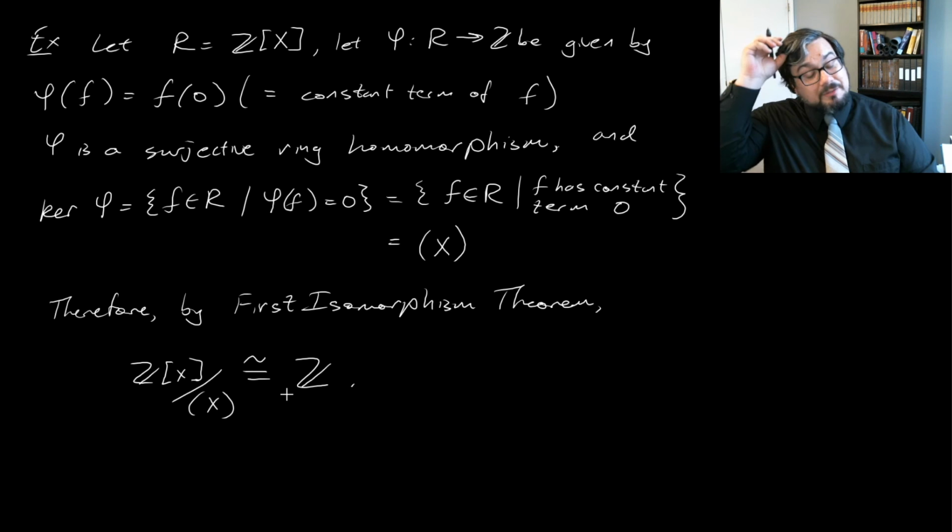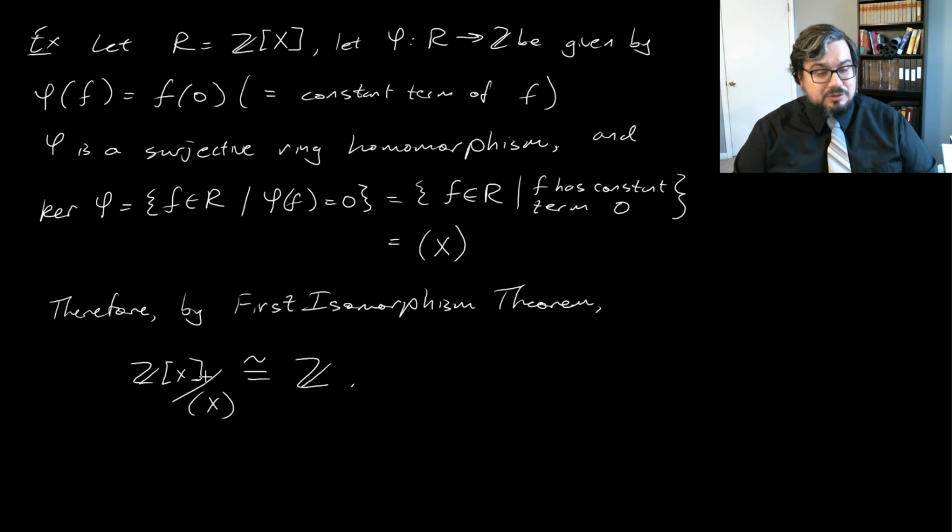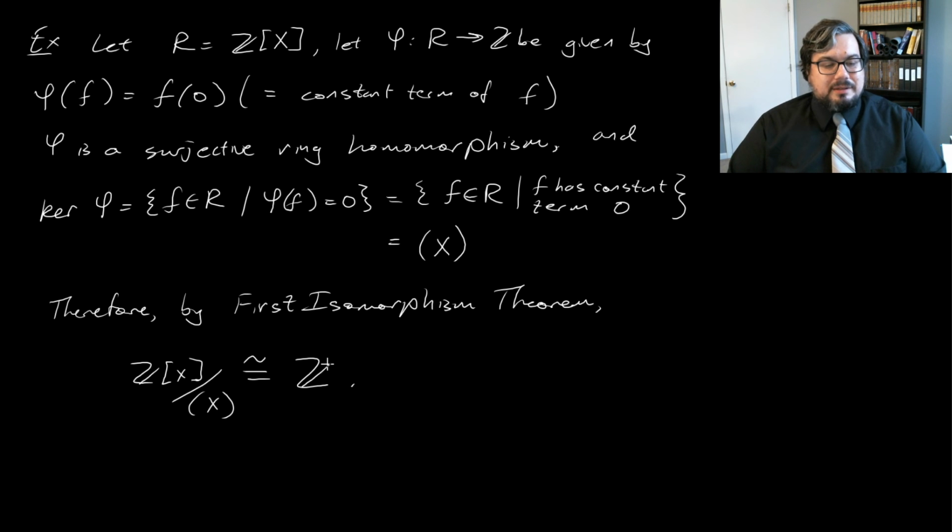So we've shown that this factor ring Z adjoin X mod X is isomorphic as rings to the ring Z. This lets us understand this factoring better.